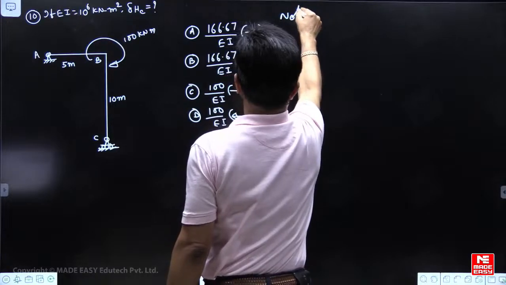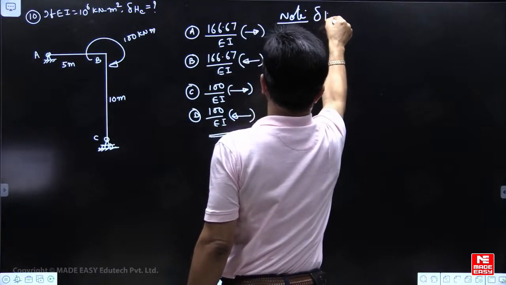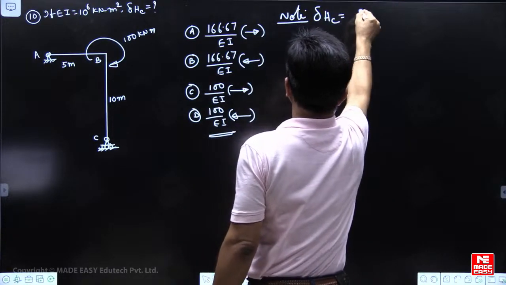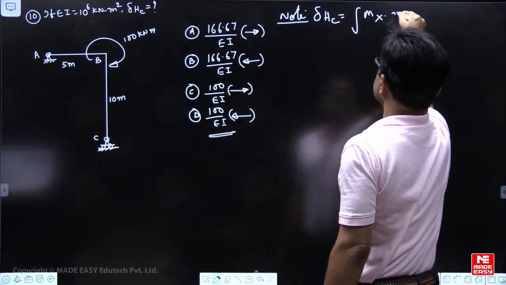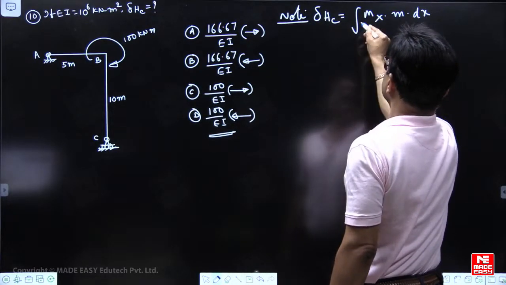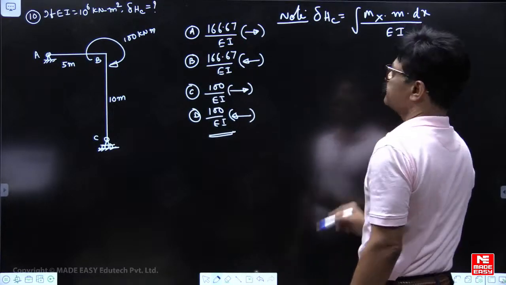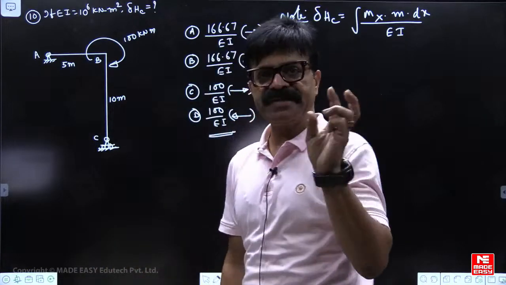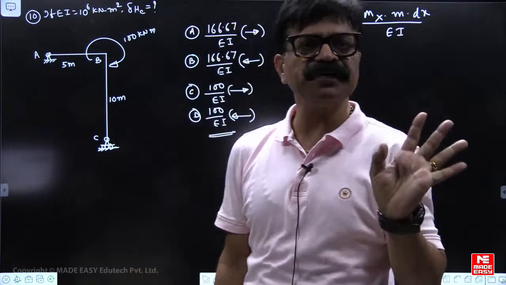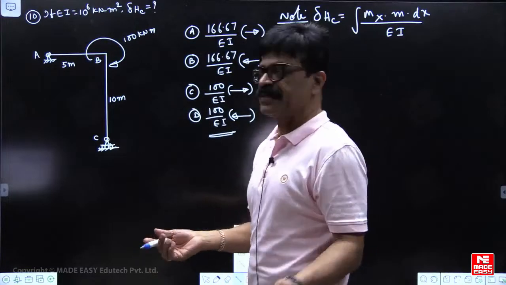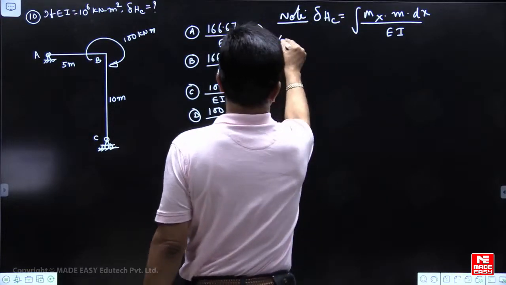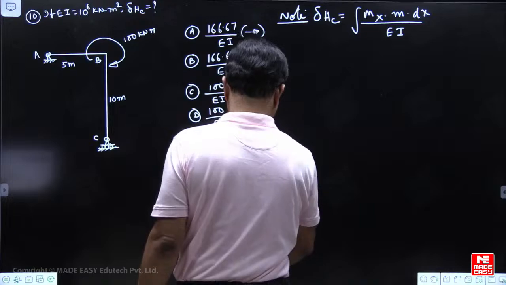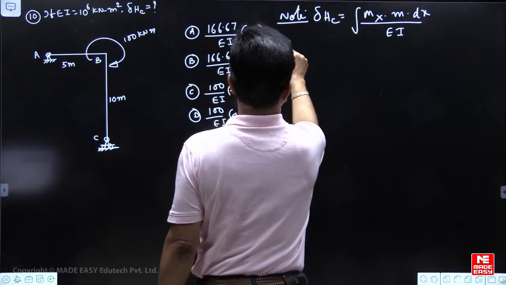So let us take that. Delta HC means integral of mx into m into dx by EI. So without drawing mx and m diagrams, don't attempt the question. You may make mistakes. So we will write here itself.